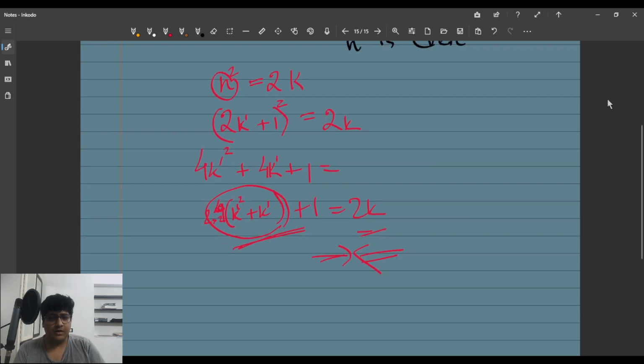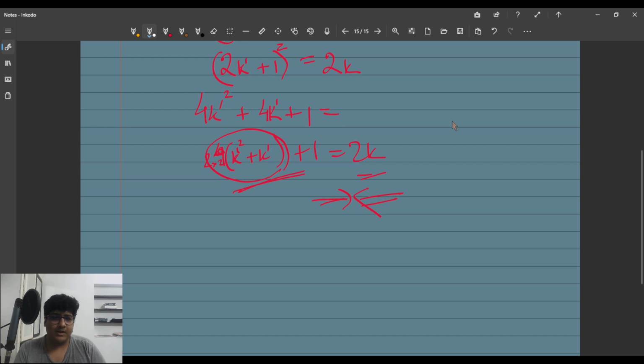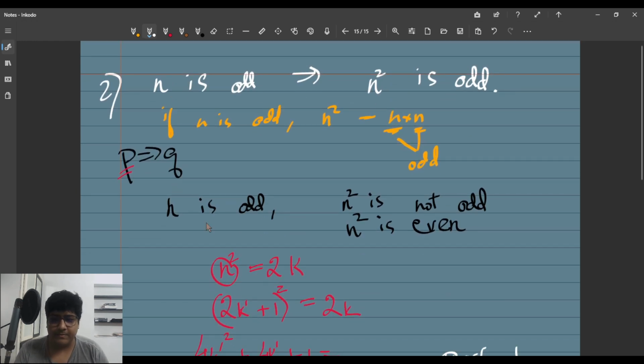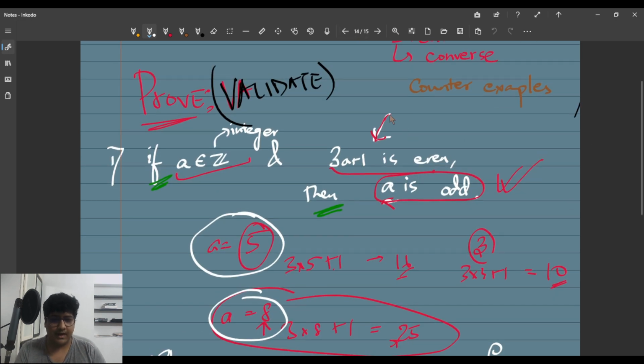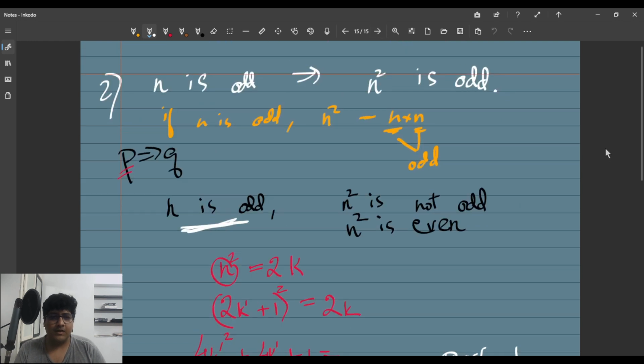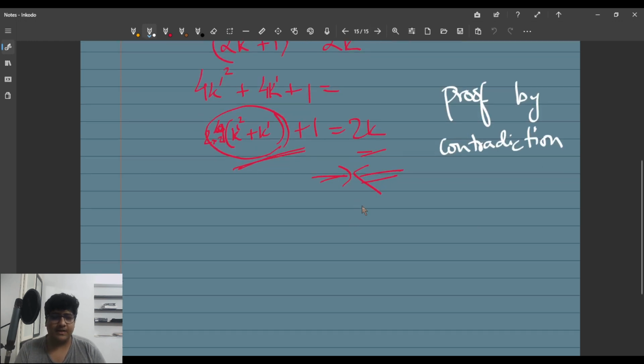So this is called proof by contradiction. Proof by contradiction. So actually we are not contradicting the fact that P is happening. We are not contradicting the fact that n is odd. Here we are contradicting just some assumptions in mathematics.